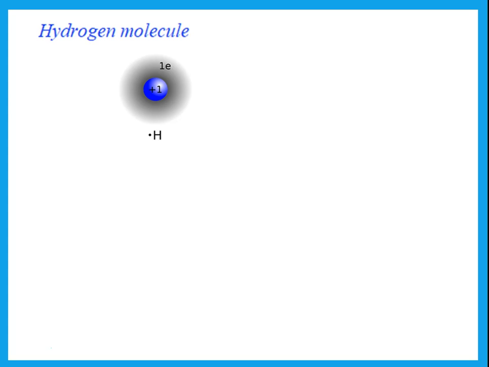That means it has one proton in the nucleus and one electron, and this one electron is in the first shell. And we said the first shell is full if it has how many electrons? The first shell is full if it has 2 electrons. So hydrogen only needs one more electron in order to have a total of 2 electrons in that outermost shell, to have a full outer shell.